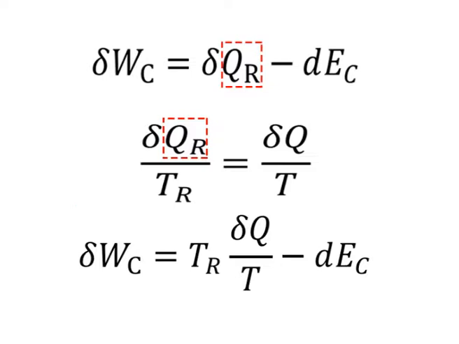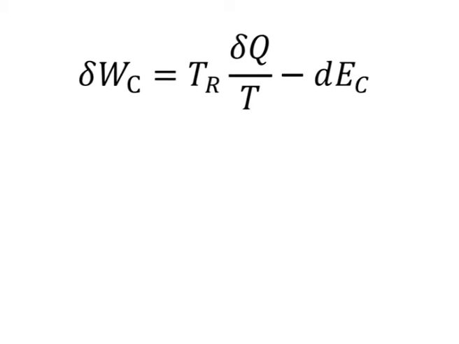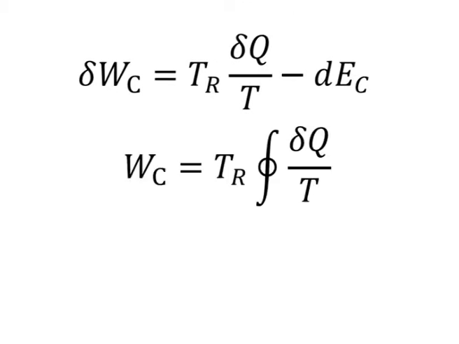We now let the system undergo a cycle while the cyclic device undergoes an integral number of cycles. Then the preceding relation becomes W_C is equal to T_R into cyclic integral of delta Q upon T, since the cyclic integral of energy is 0.